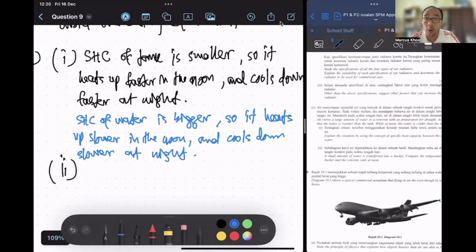That's why it feels warmer at night. And it feels cooler at noon, because it takes a very long time to get hot.